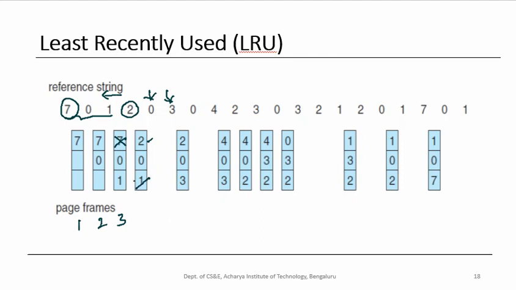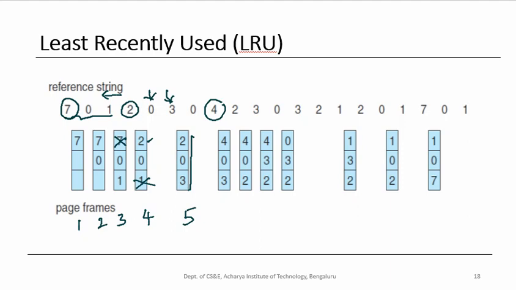So therefore we select that as the victim and replace 1 by 3. So there's a page fault here and there's a page fault here. Okay, this goes on.